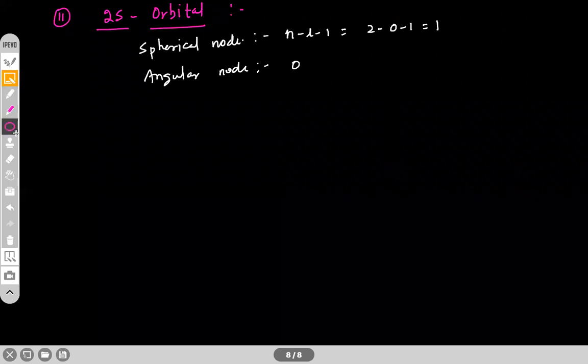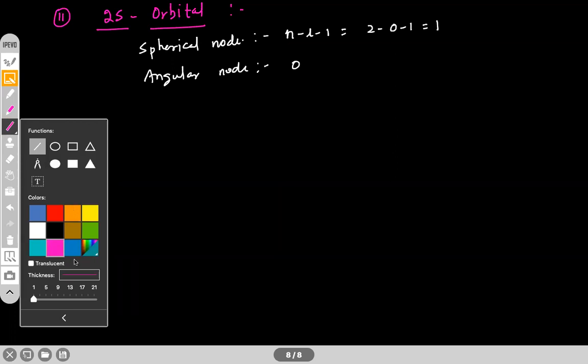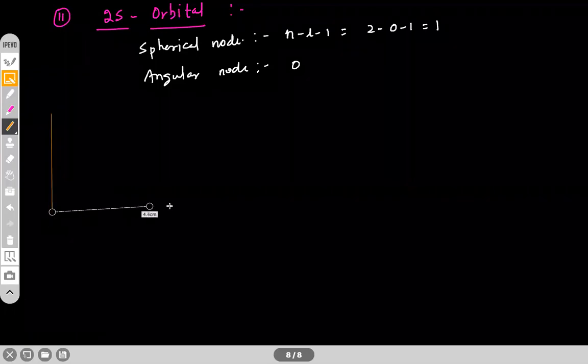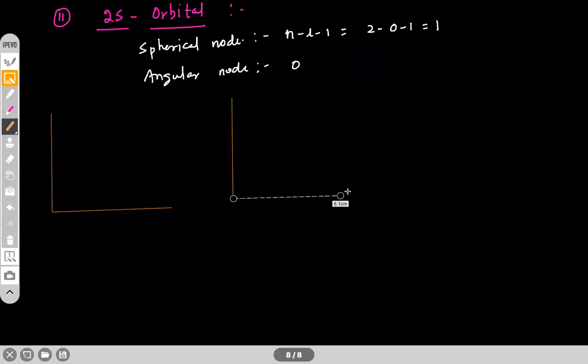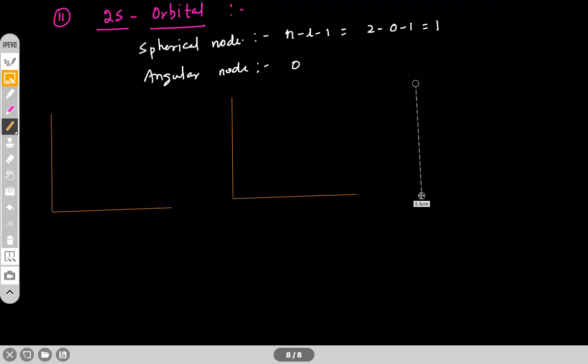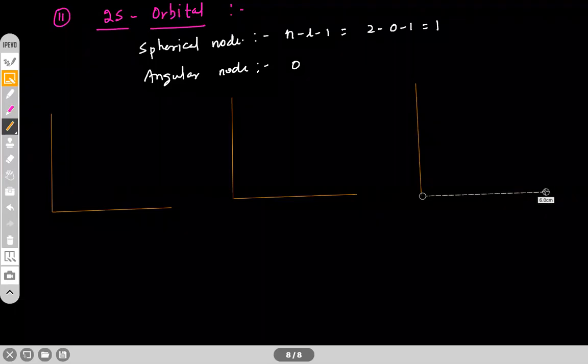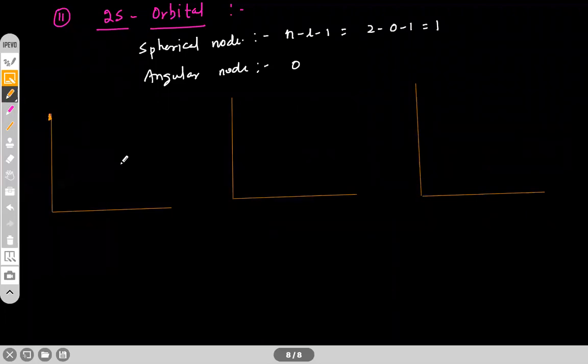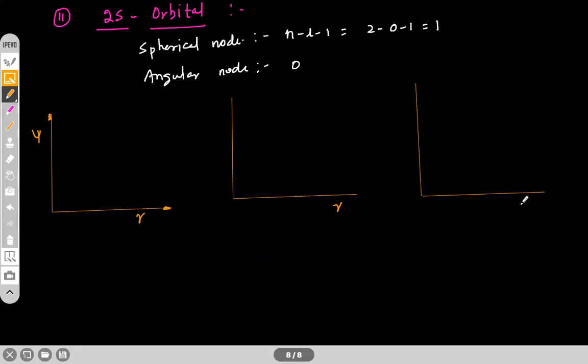Now again we'll draw the 3 graphs here. So look at this graph. Again the axis is the same. It is psi, r, this is also r, this is also r.